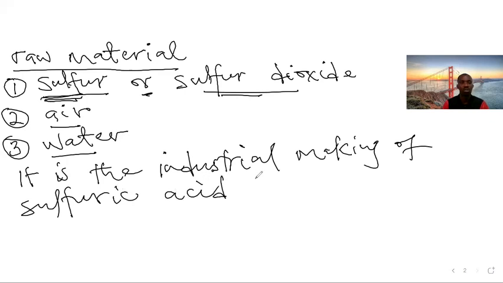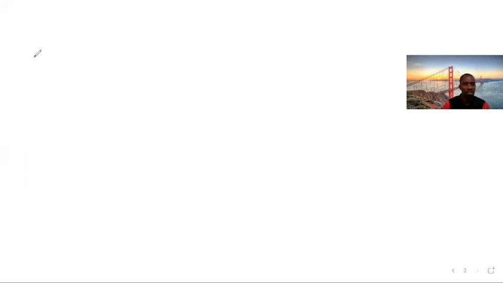So making sulfuric acid industrially is what the contact process is all about. There are many reasons for us to make use of sulfuric acid, a very important chemical in the chemical industries. So we've listed the raw materials. Now let's go to the different stages.